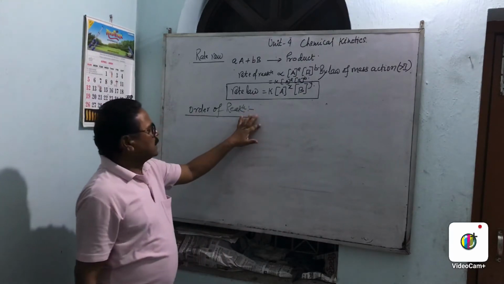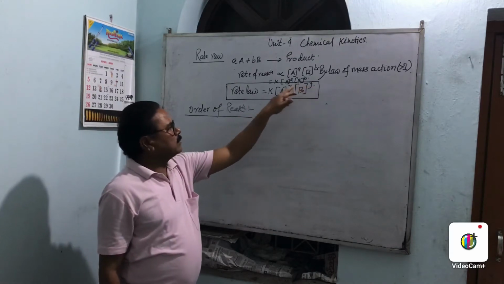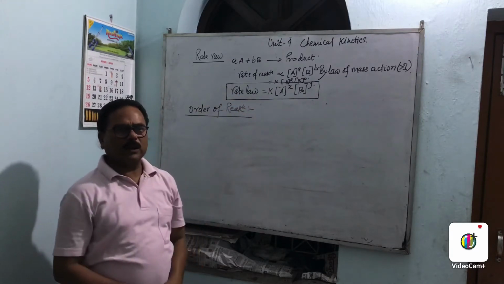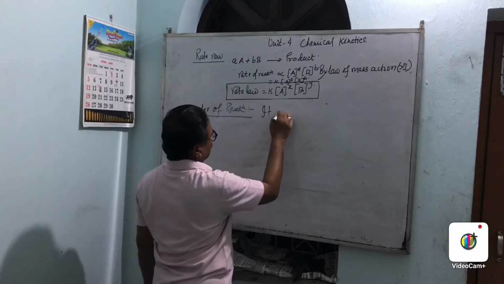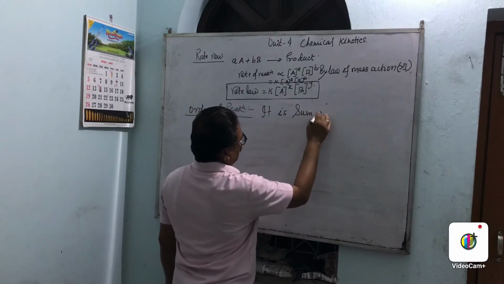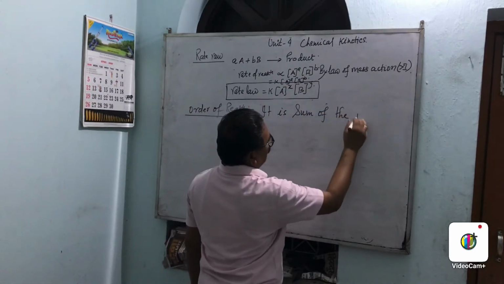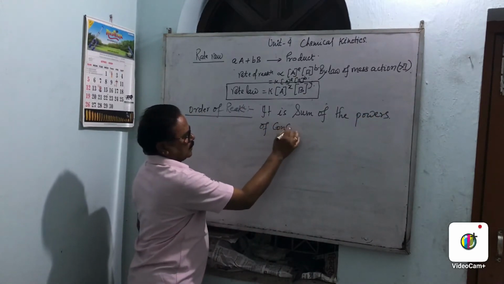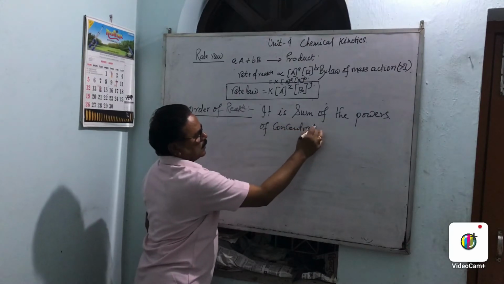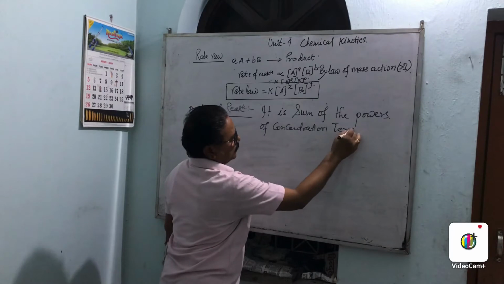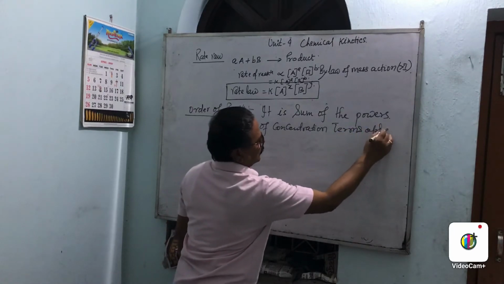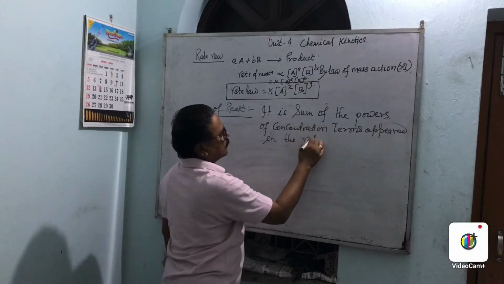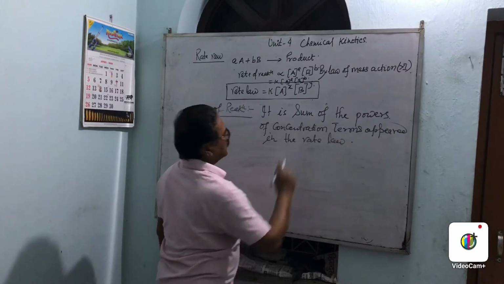The order of a reaction is the sum of the powers of the concentration terms appearing in the rate law expression. It is the sum of the powers of the concentration terms appeared in the rate law expression.